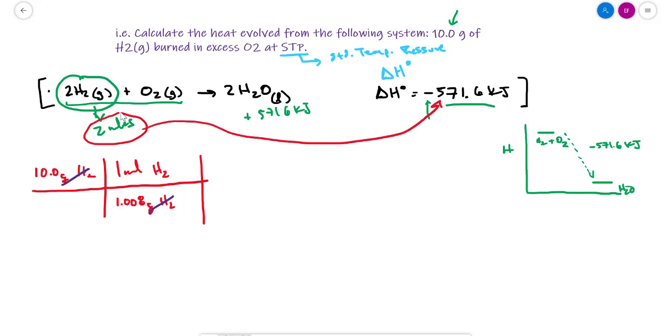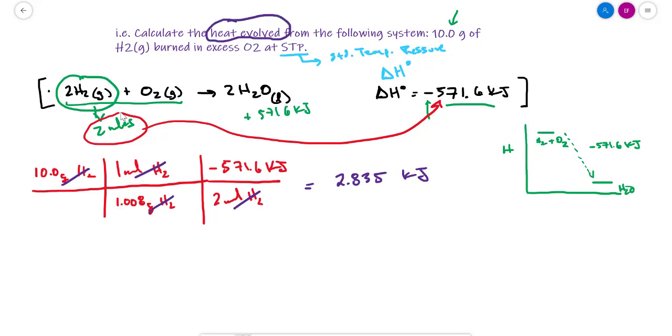And so we can say 2 moles of H2 produces minus 571.6 kilojoules of energy. I'm going to get rid of my moles here. Now we're in units of kilojoules. We can solve this. It's going to be 2.835 kilojoules of energy, of heat, which is what we're being asked to evaluate.